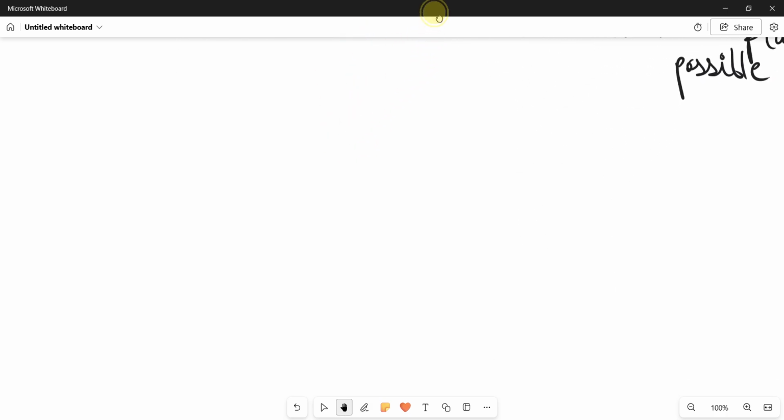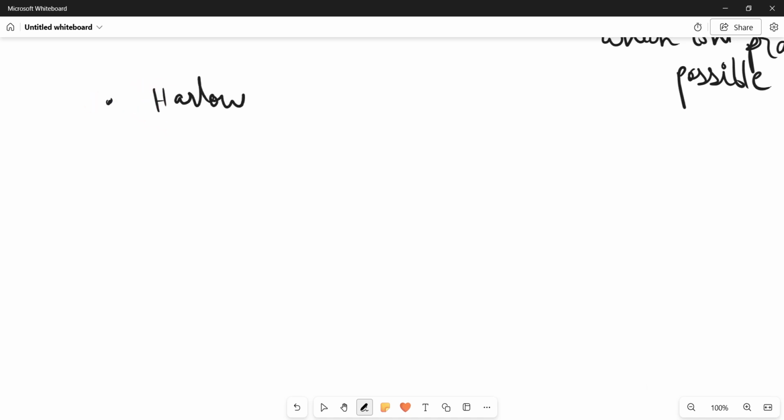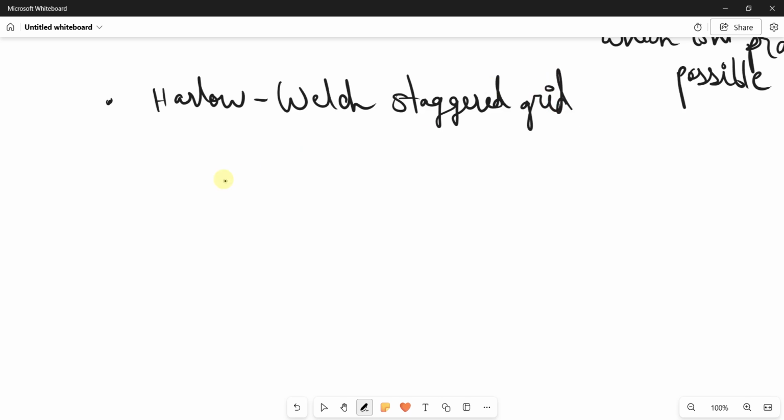So what scientists, or engineers, came up with is what you call the staggered grid. The most famous one is the Harlow-Welch staggered grid. So what is this? As I said, in the normal grid, you had velocity, pressure, and all parameters stored in the cell center itself, right?